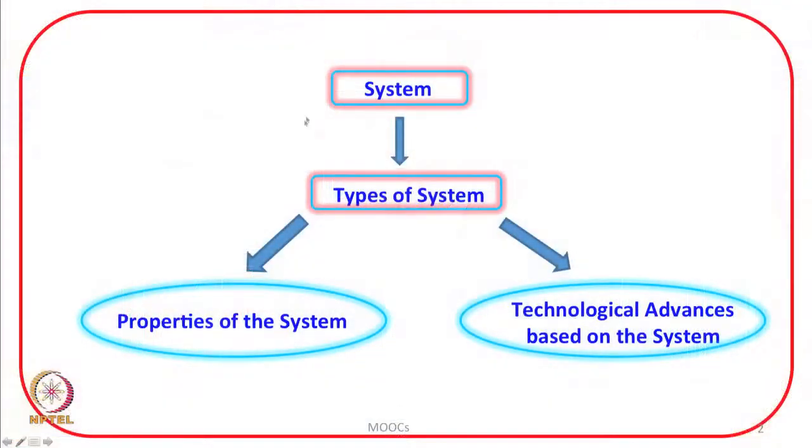We started with the definition of system. System is the most important part of the universe because it is the system in which we are interested. And then we went on describing the various types of the system: open system, closed system, insulated system.